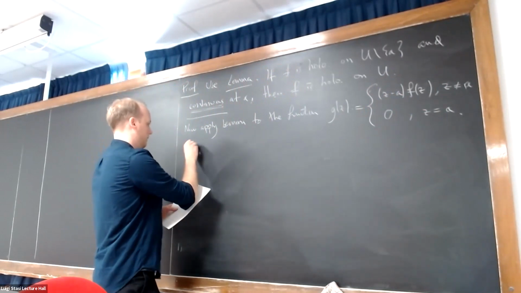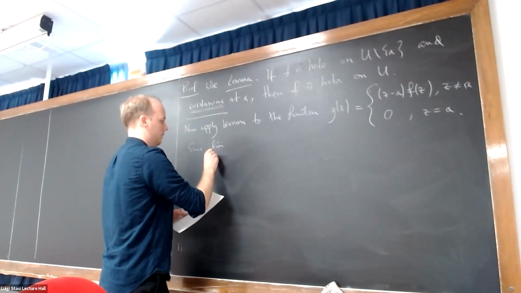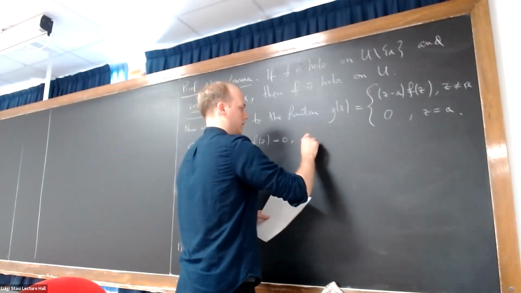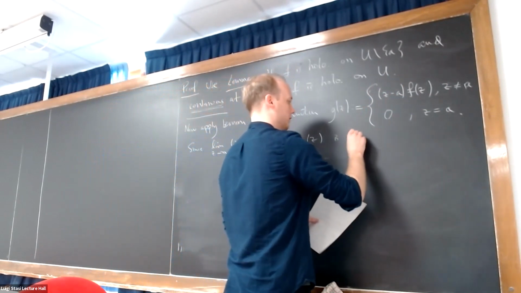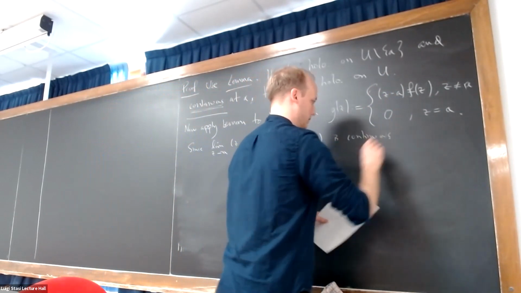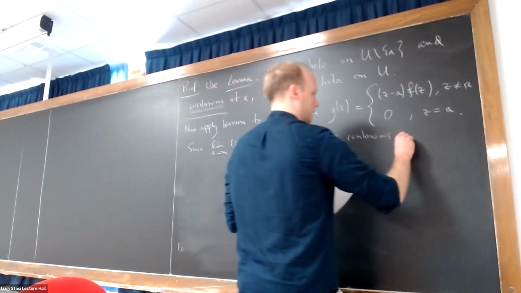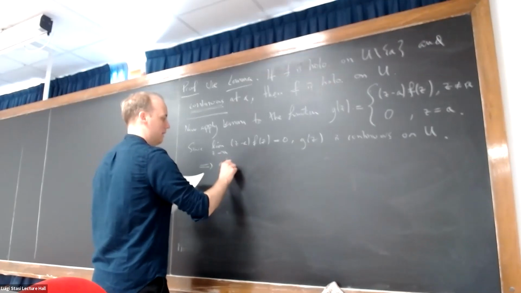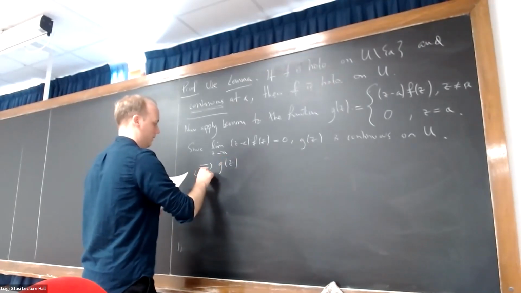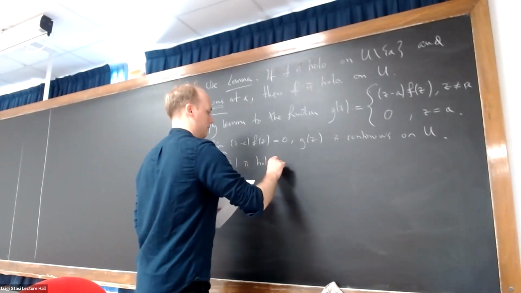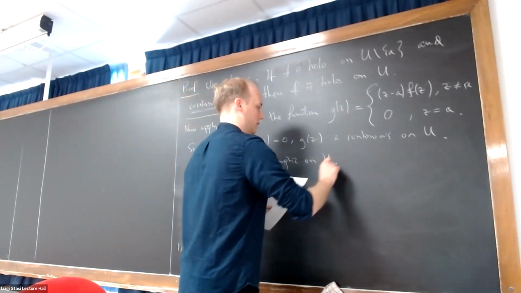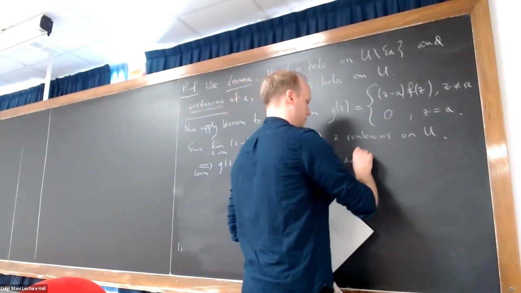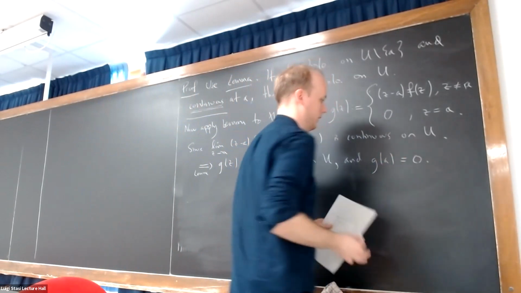So g of z is continuous on all of U. And by the lemma, this implies that g of z is holomorphic on U. And also, of course, g of a is equal to 0.